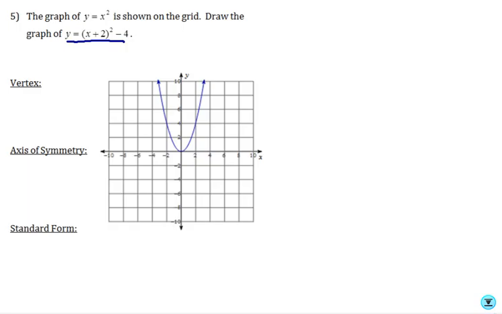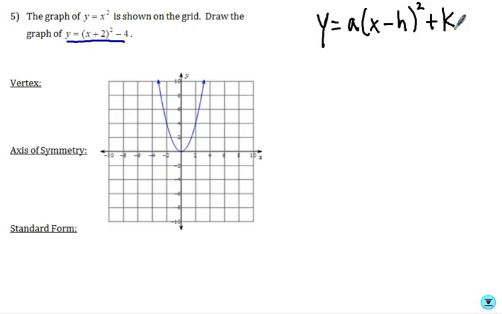So this form is what we call vertex form. There are a couple of things, and we'll go through here and define what each one of these means.